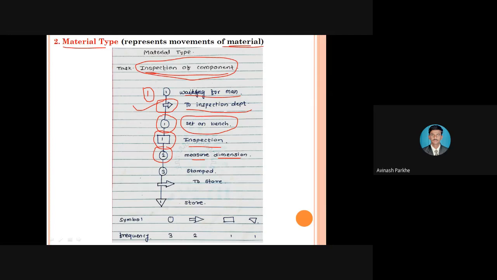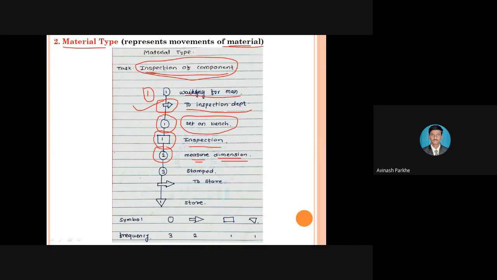We take the vernier caliper, gauges, and other measuring devices, and by using them we measure the dimensions of that product. But here we have to represent only the task performed on the material. Therefore the fifth symbol represents measuring the dimension.